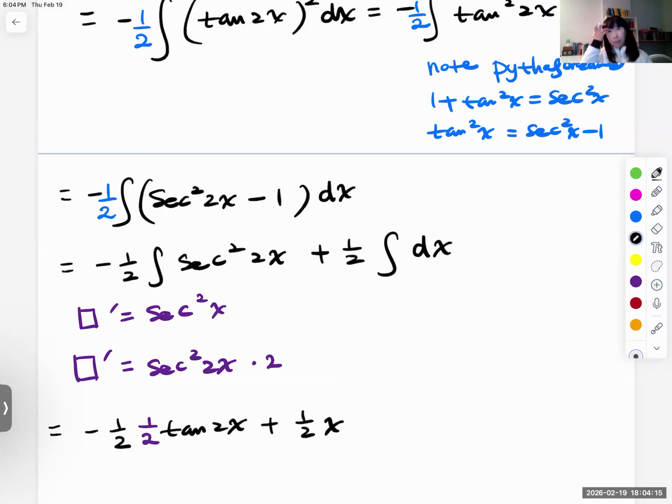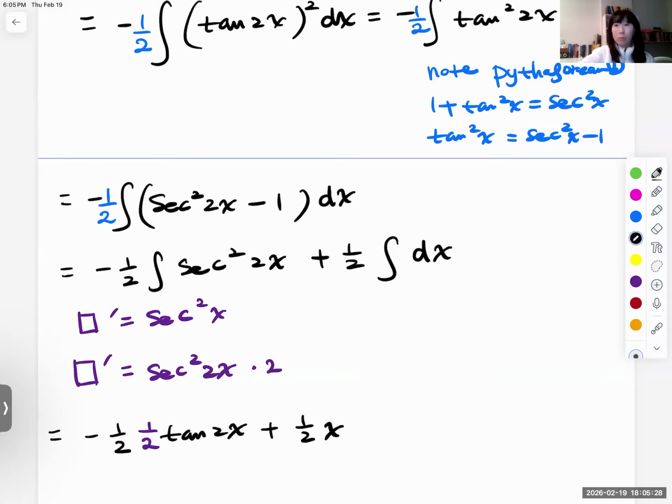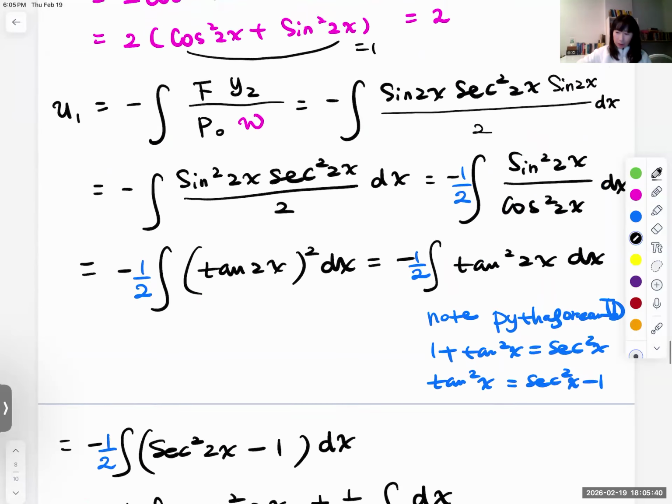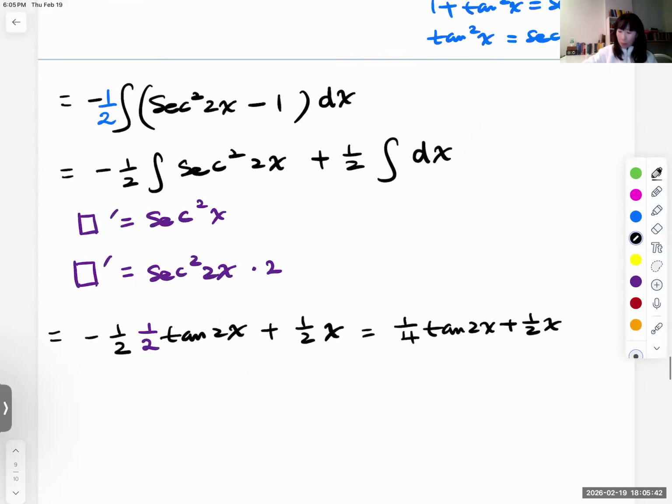Yeah. Okay, so let's arrange. That will be 1/4 tan 2x plus 1/2 x. Yeah. Okay, so what we are trying to find is u sub 1, how about u sub 2?